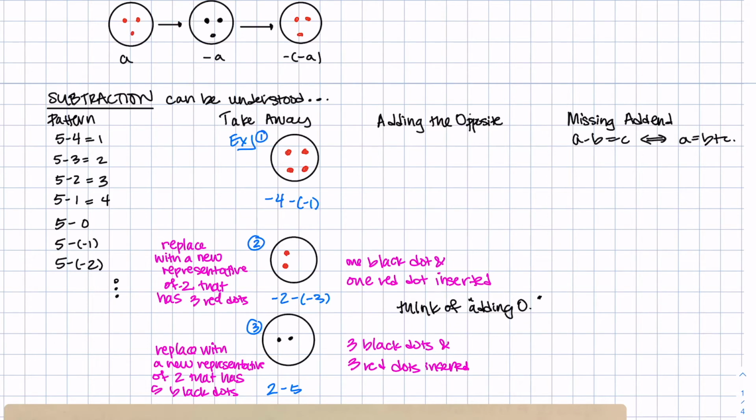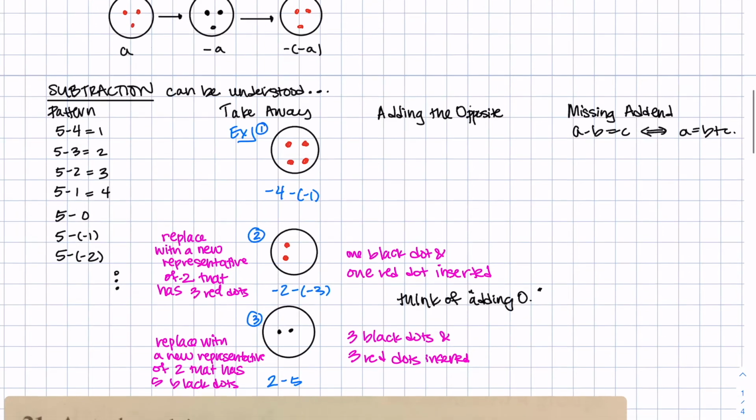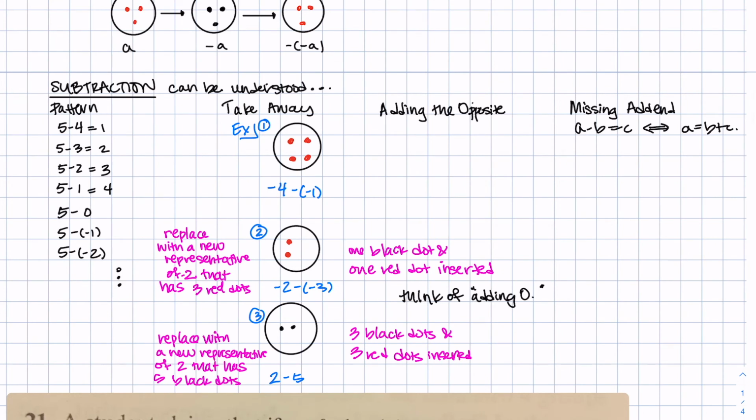So one is through looking at a pattern. Another is through the takeaway method, which is very similar to the model with adding opposites. Or we can also still use this method of understanding subtraction through the missing addend explanation. So what's new here is the idea of looking at a pattern.